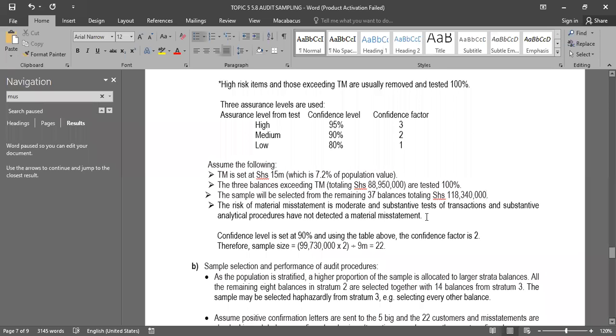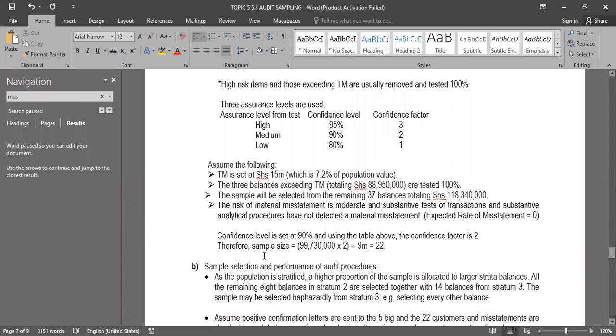So here it means that the expected rate of misstatement this time is 0. So they're saying therefore the confidence level is at 90%, you agree, because it's moderate. And using the table above, the confidence level factor will be 2.